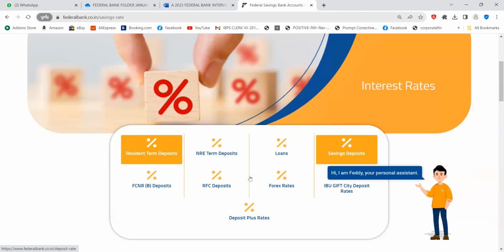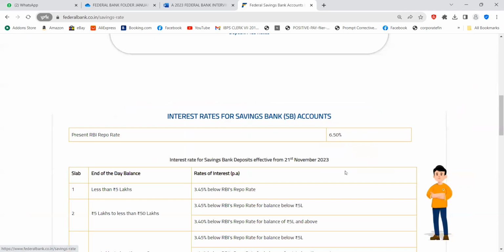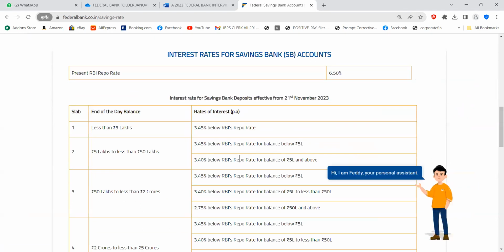And then savings deposits, I told you 3.05. Now it has revised. No, it is not revised. Less than rupees 5 lakhs, 3.45% below RBI repo rate.